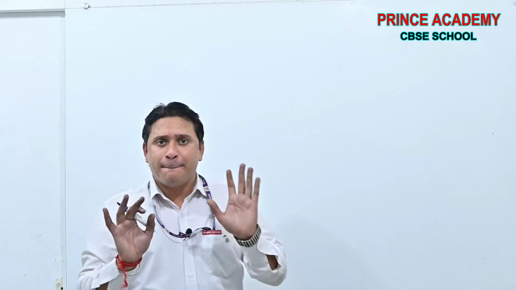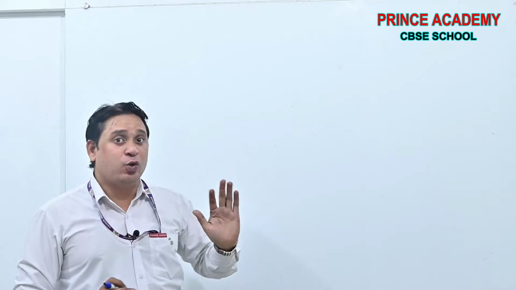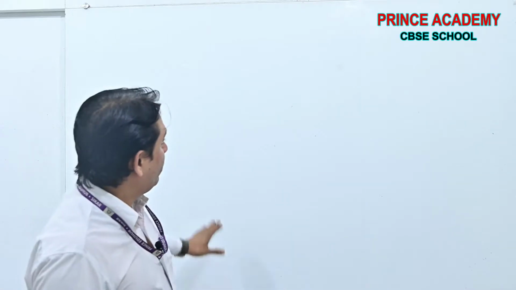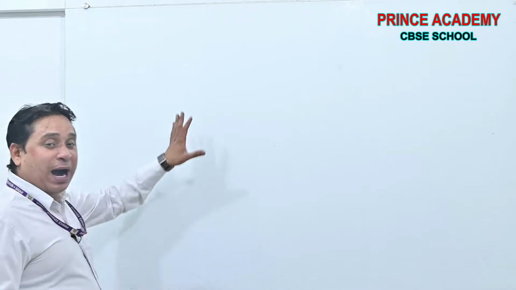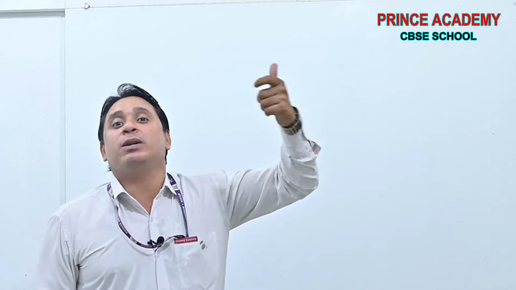Very calmly, just see what I am doing. After 5 minutes, I will ask you, do you understand? Definitely, the inner self of yours will shout, yes, sir. Till then, just watch what is going on and try to catch my words.